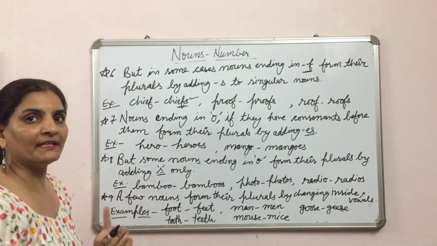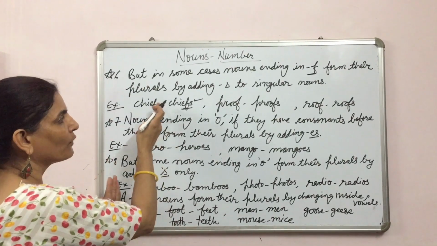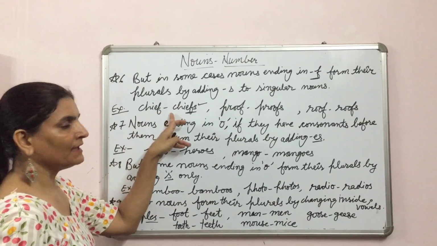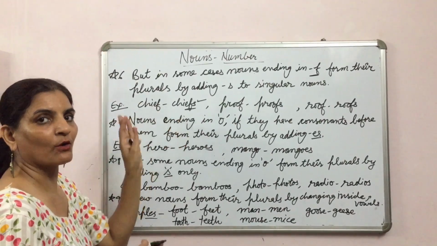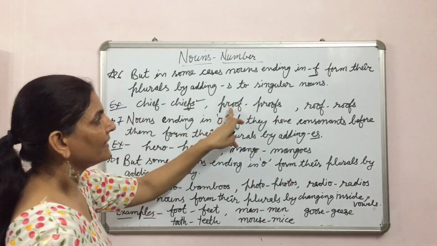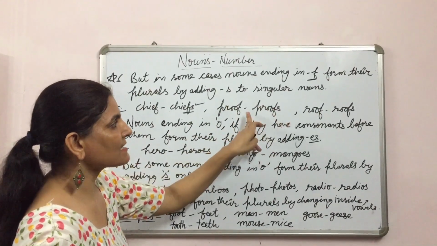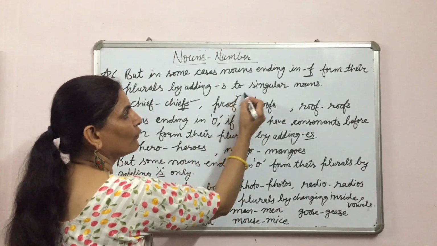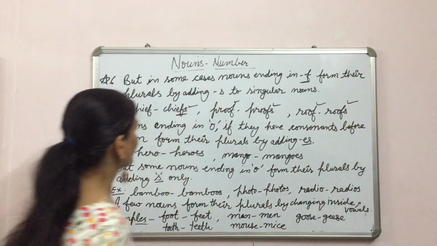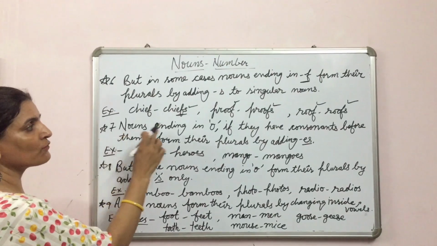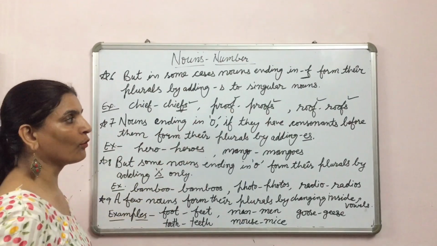There is no VES. Before, we changed F into V while making plurals. Here we will put only S after F. Proof, proofs, roof, roofs.